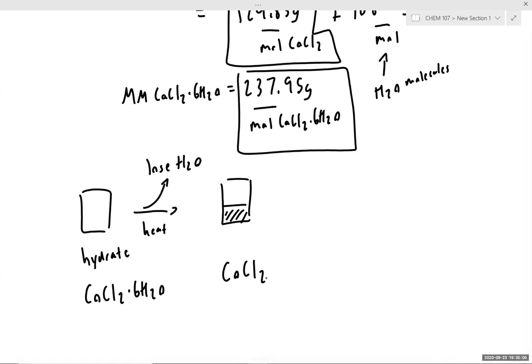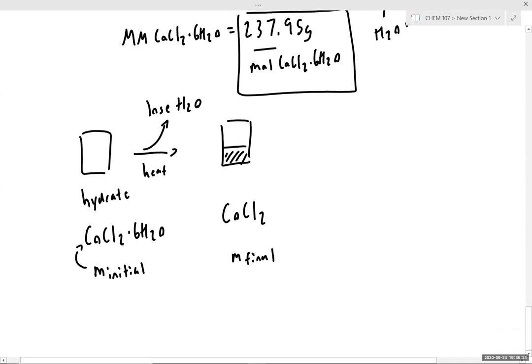Okay, now, how can we use this? By measuring the initial mass and comparing it to our final mass, we can use the idea of conservation of mass.